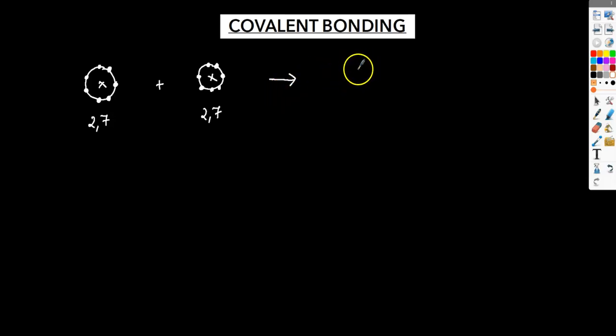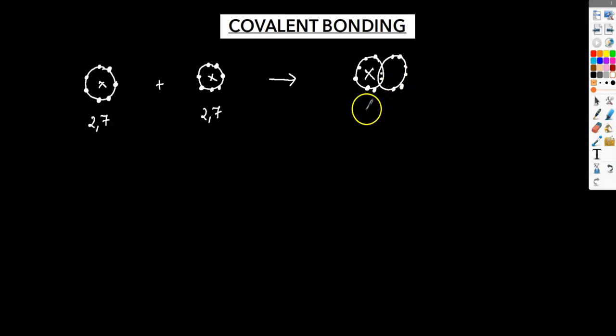Now what will happen? These atoms would come nearby, share their pair of electrons, one each, and will become stable.